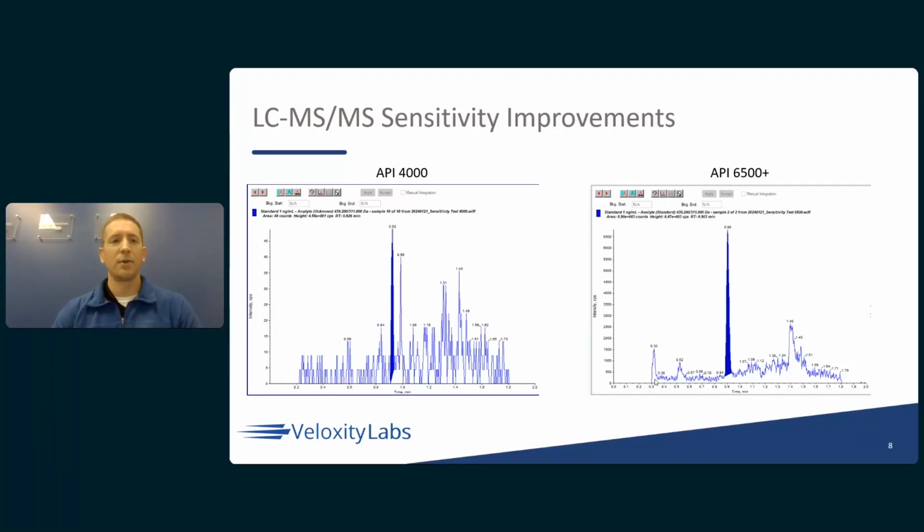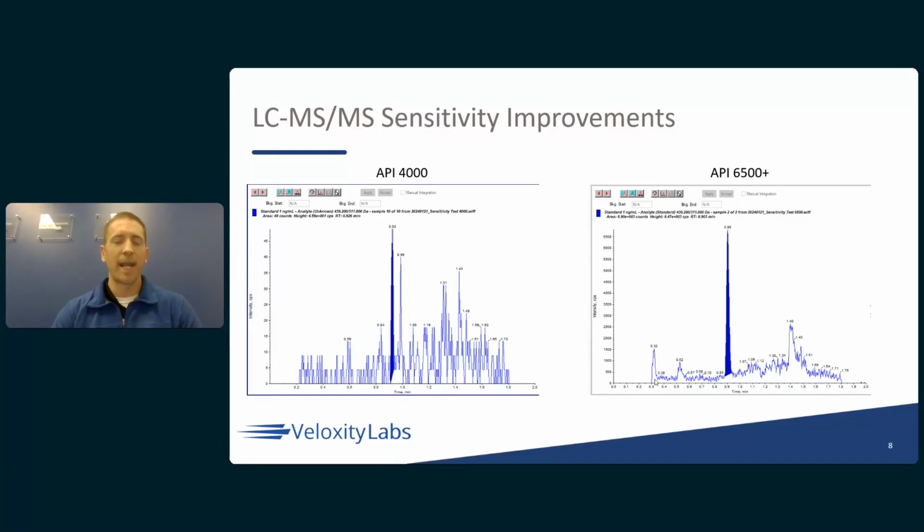This is just to show you a comparison. This is the same molecule on the two different systems. At Velocity, we use both of these systems. They both have their purpose for different applications. On the left is a chromatogram of a 1 nanogram per mL extracted sample on a 4000, optimized for that instrument. And on the right is a 1 nanogram per mL chromatogram optimized for the 6500. You can see easily about a 20-fold signal-to-noise improvement.